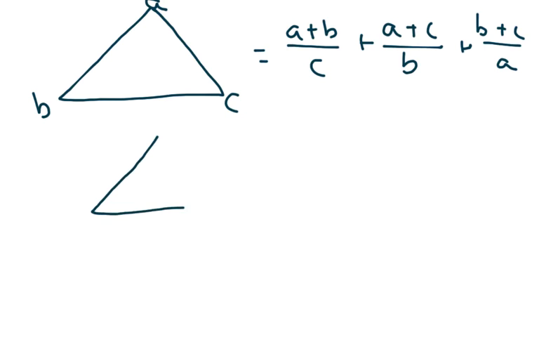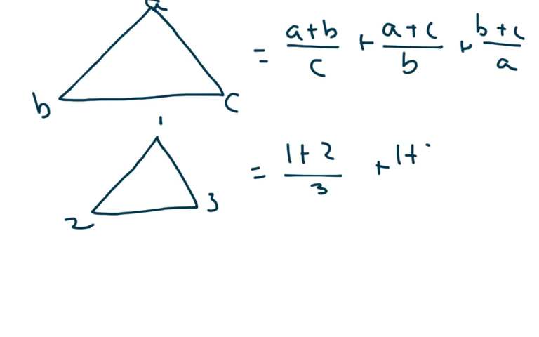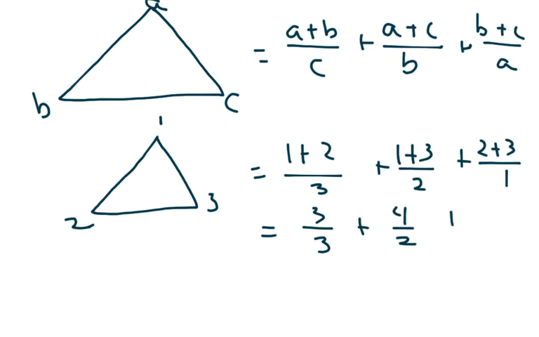I want to know what the triangle of 1, 2, 3 equals. And all you're going to do is substitute. We're going to get 1 plus 2 over 3 plus 1 plus 3 over 2 plus 2 plus 3 over 1. And that yields 3 over 3 plus 4 over 2 plus 5 over 1, which when you add all that up, 1 plus 2 plus 5 equals 8.